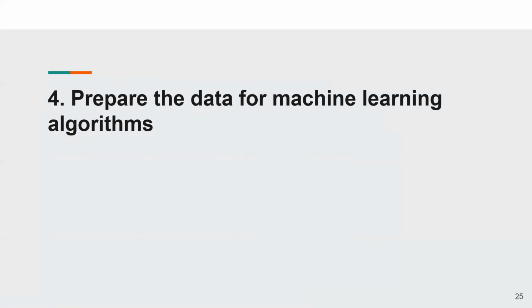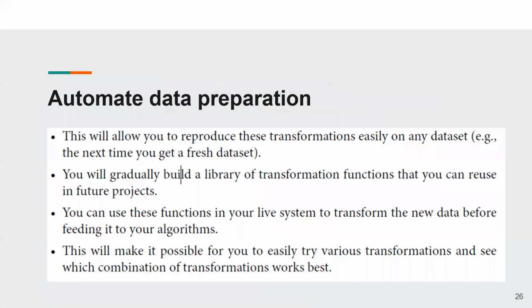And here for number 4, it's called prepare the data for machine learning algorithm. Basically what it does is try to automate some data preparation. If it's going to be something that you're going to use repeatedly down the road, then you probably want to do this. But if you're just doing a one-time prototype, you may not do this at all. Let's assume this is a project where you're going to reuse your algorithm down the road.